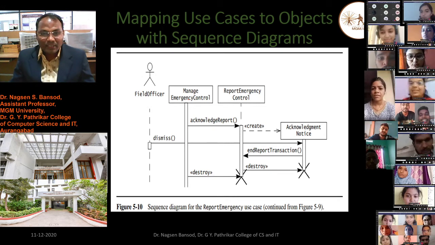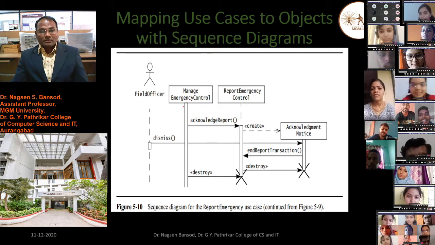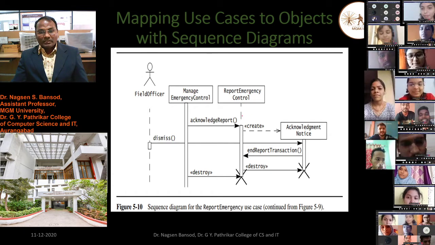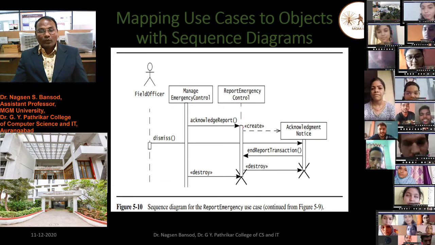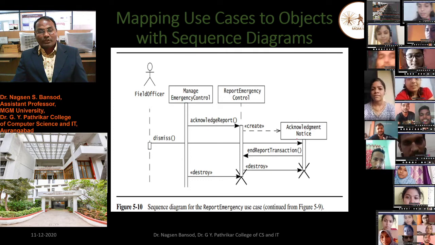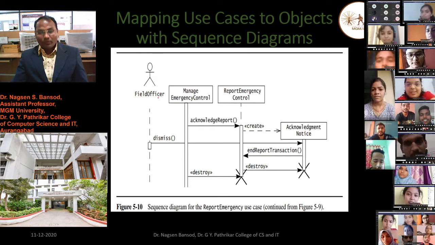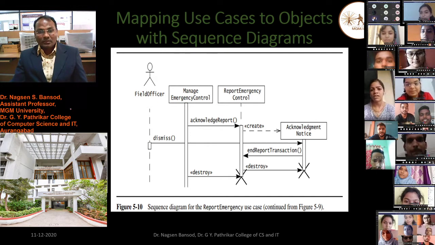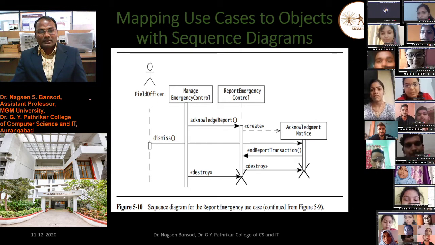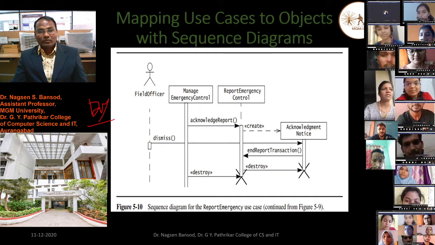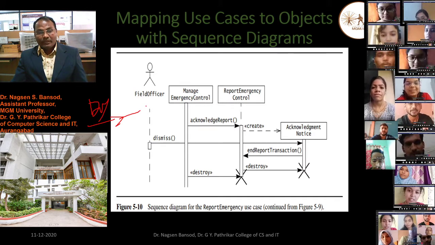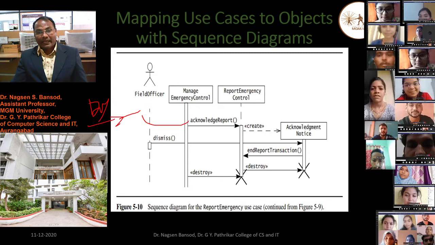If there is a connection, then manage emergency control and report emergency control will send the acknowledgement, creating an acknowledgement notice for the field officer. There the field officer gets the message from the dispatcher. Here is the dispatcher. This dispatcher will send the message to the field officer, and the field officer will now get the acknowledgement.